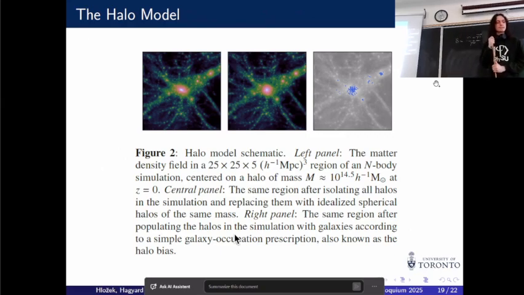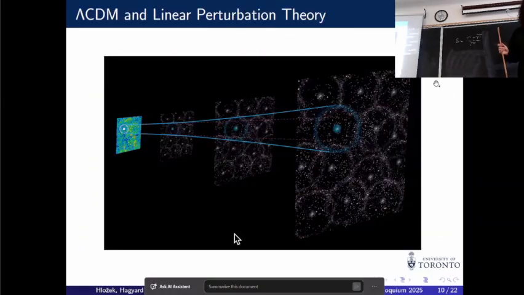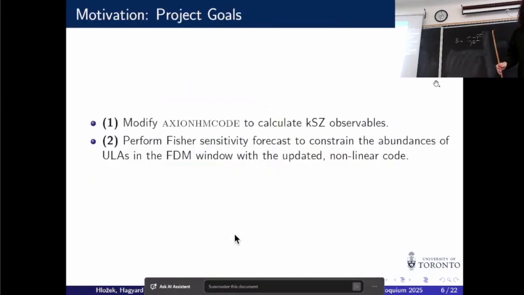And what we did was we took the halo model and we forecasted galaxy clustering over the mass window, so between 10 to the negative 27 to 10 to the negative 23 electron volts in terms of mass.